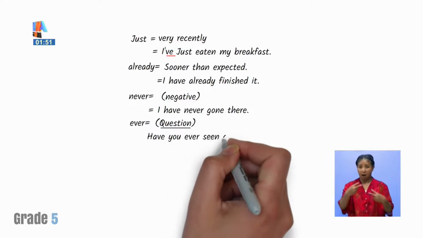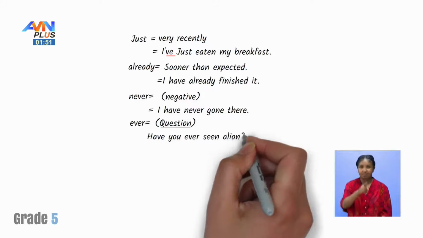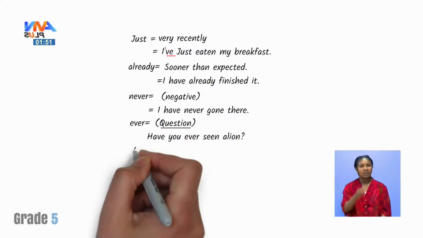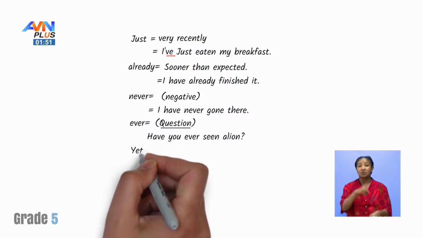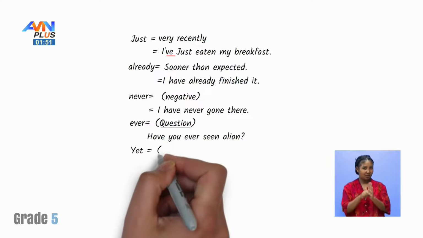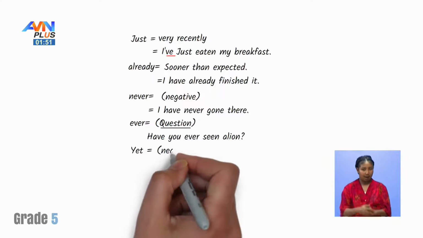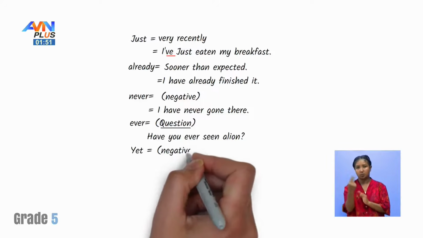Have you ever seen a lion? To make a question. Okay? What about yet here? Most of the time, yet can be used in negative form, and in question form it can also be used here.